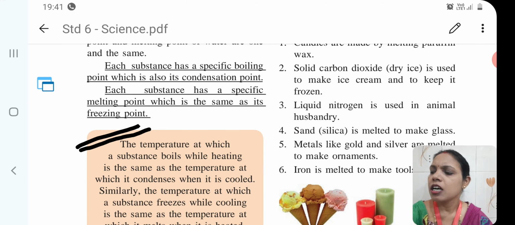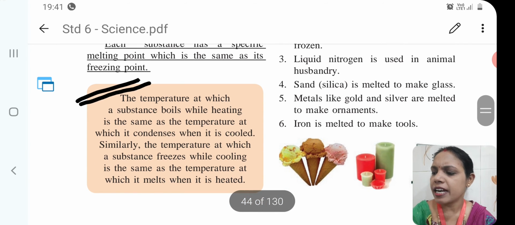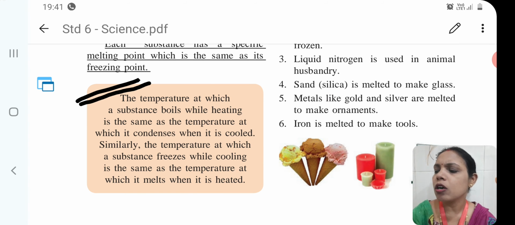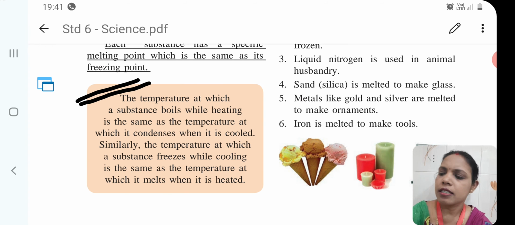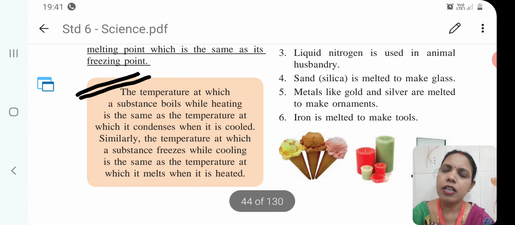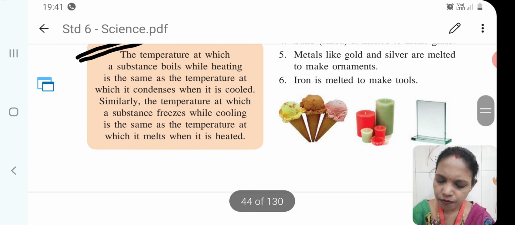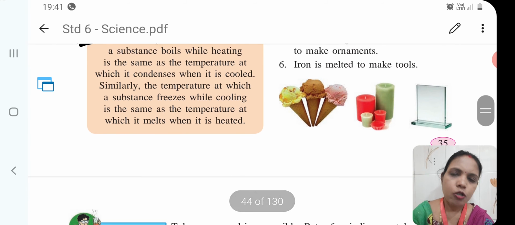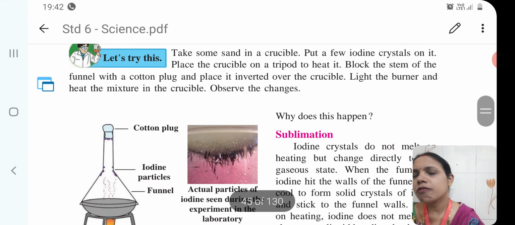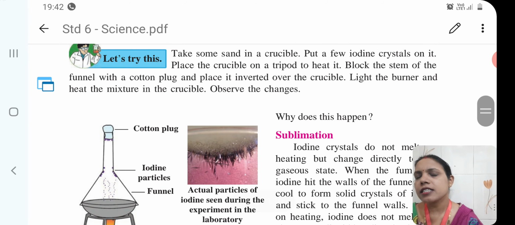Next, glass is made from sand after melting. Next, metals like gold and silver are melted to make ornaments. Next, iron is melted to make tools. All these examples we have seen in physical change. So children, now we are going to move to our next topic, that is sublimation.